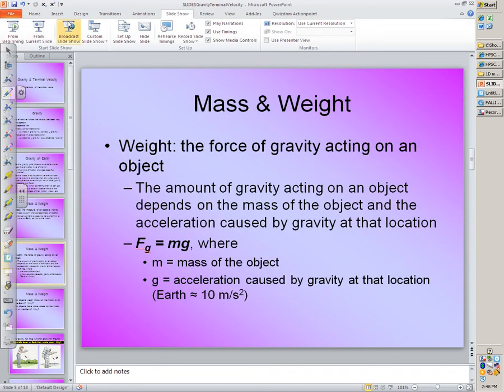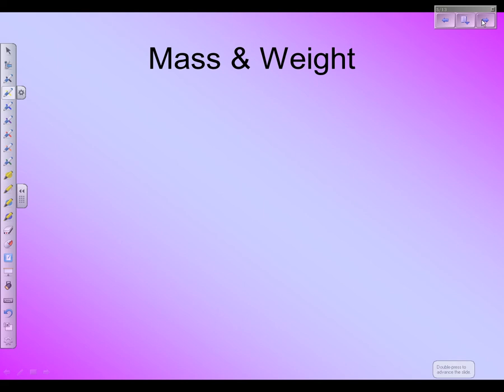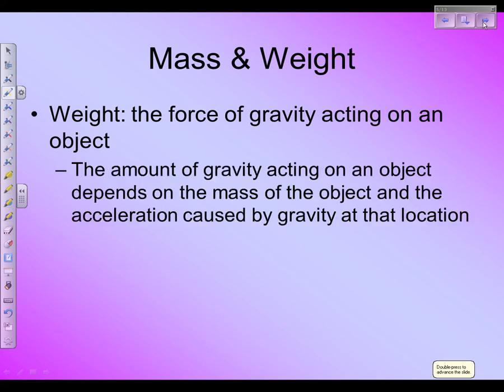All right. So taking that into account, we can figure out how much force gravity is acting on it by using this formula. There isn't a place for you to write this on your outline, so you may have to write it on the left-hand side. Sorry, I changed some things this morning because I like this better.